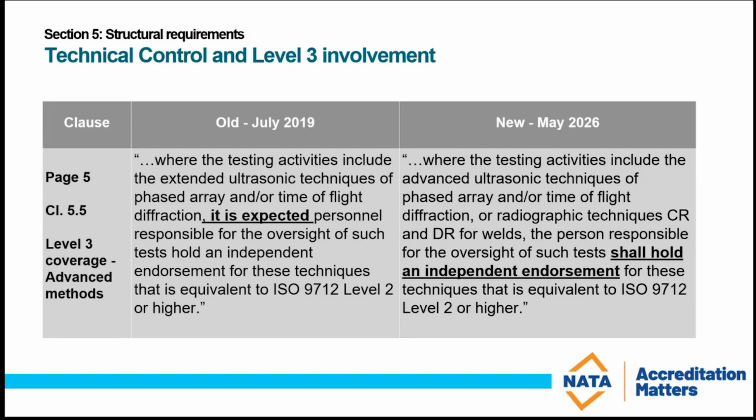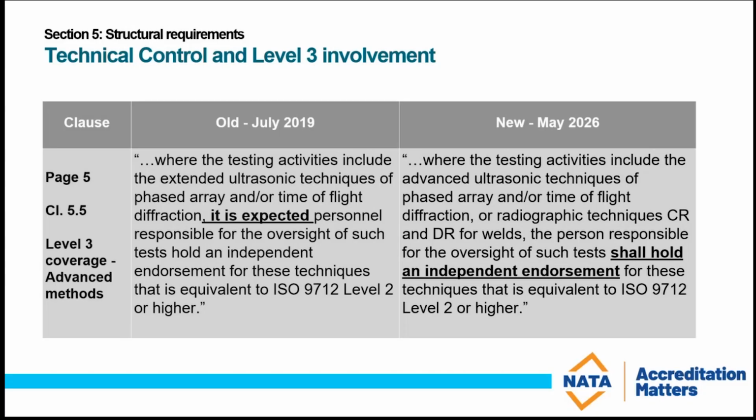Similarly with level 3 coverage for advanced methods, we strengthened, or we changed an expectation to a requirement. In the old annex, it states that where testing activities include phased array and TOFD, it is expected that personnel hold an independent endorsement for these techniques, equivalent to ISO 9712 level 2 or higher.